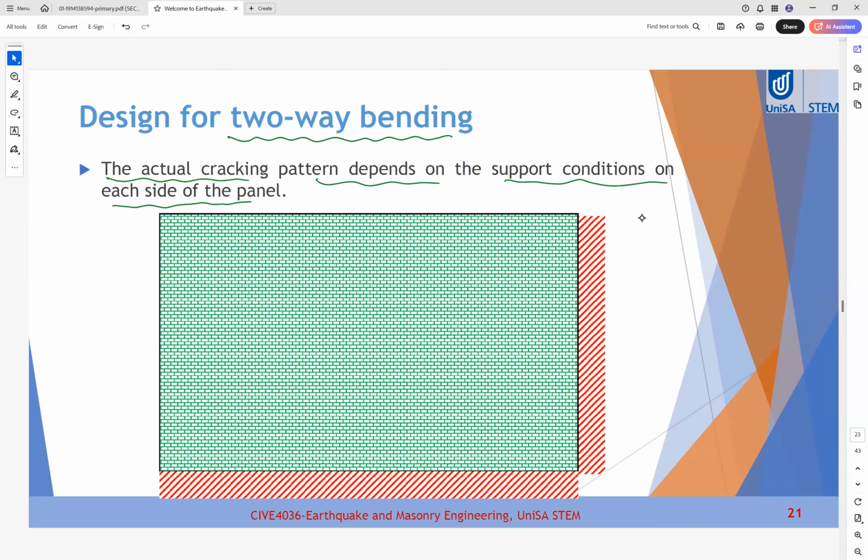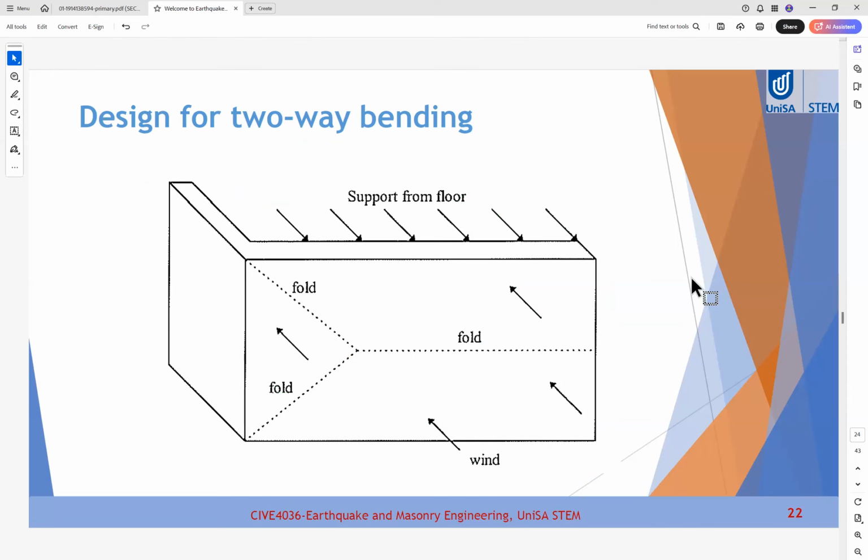It depends on the condition of the four sides. Here, for example, we have no top support and no vertical support on the left, but we have this horizontal, this vertical, and this horizontal. So the crack pattern depends on the supports. This is an example design of two-way bending.